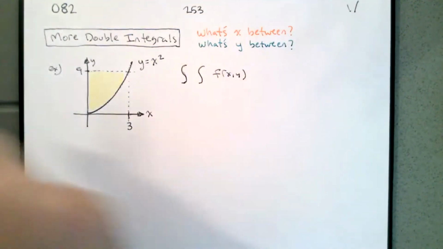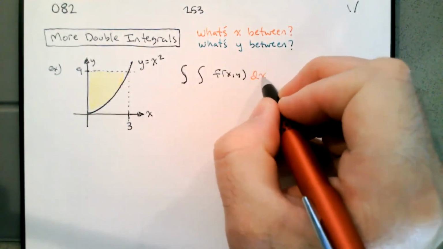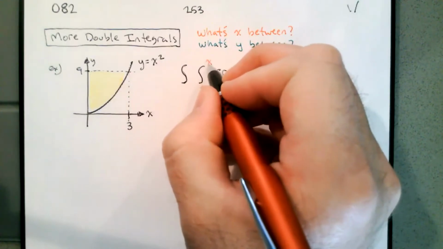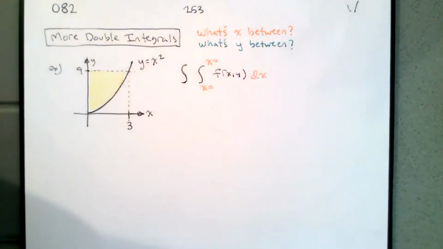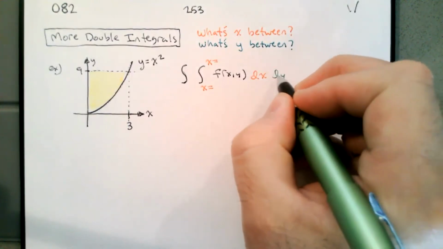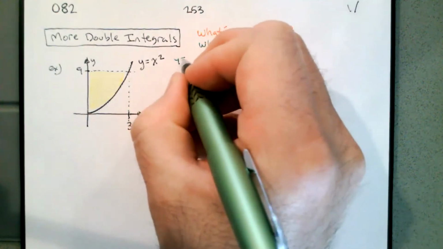One of them is going to be a dx dy integral. So if I put a dx first, that means this first integral is going to be what x is between. And then with dy second, the outer integral is going to be what y is between.